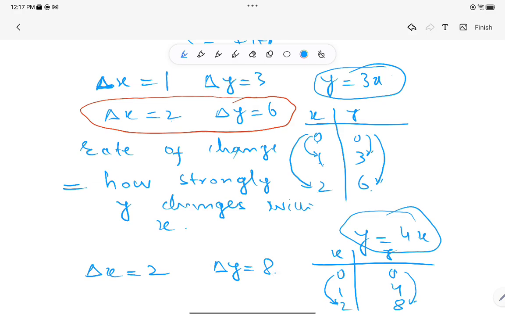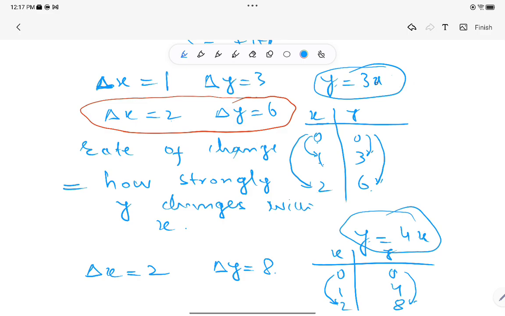It means that this y depends upon x more strongly than this y depends upon x, because y here changed more with the same change in x as it changes here. When you compare two rates of change, you compare the rate of change of this and the rate of change of this, what you have to do?